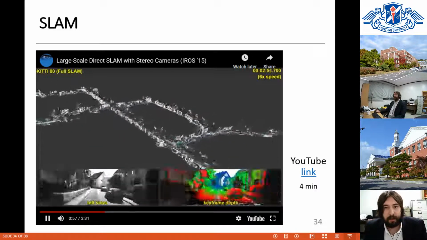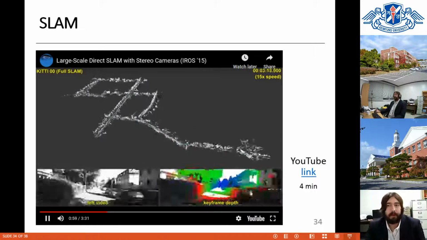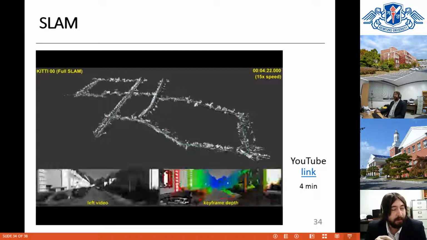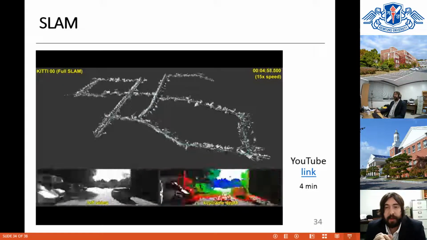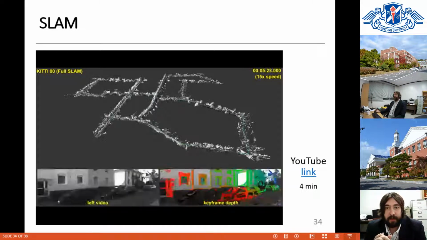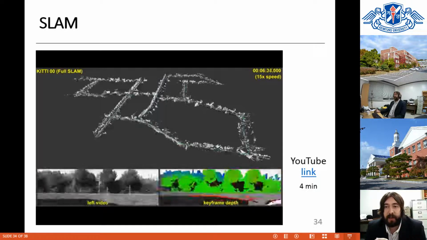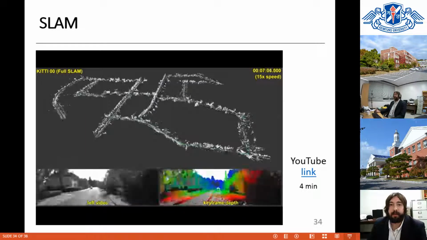So using such SLAM cameras, we can easily scan the environment around us. We can generate large models of cities, streets, and buildings as well. This is how it works.